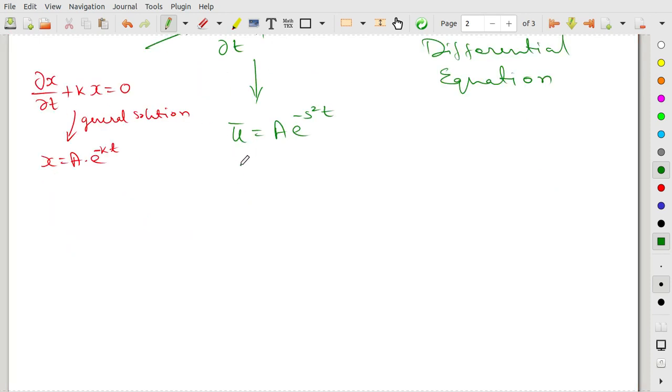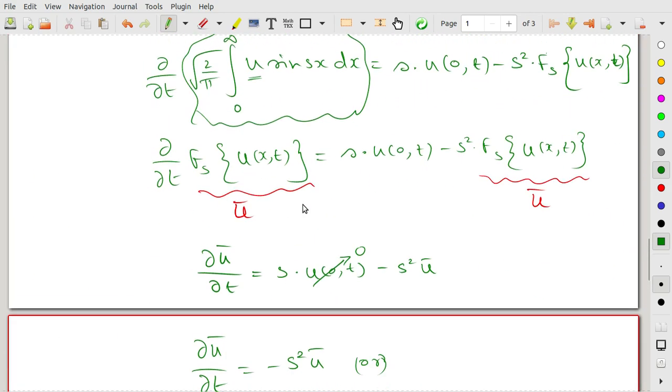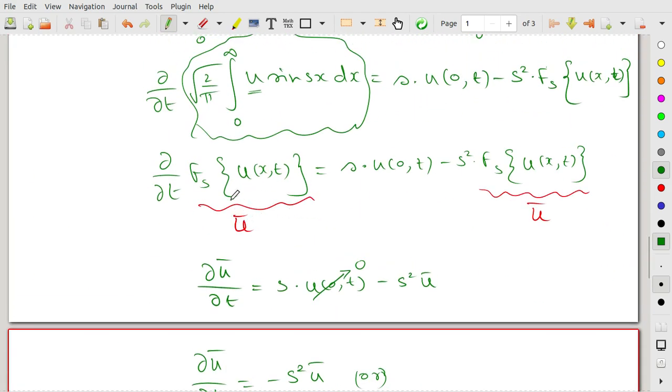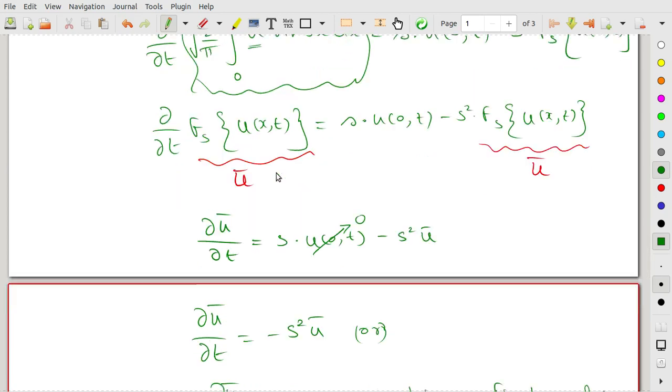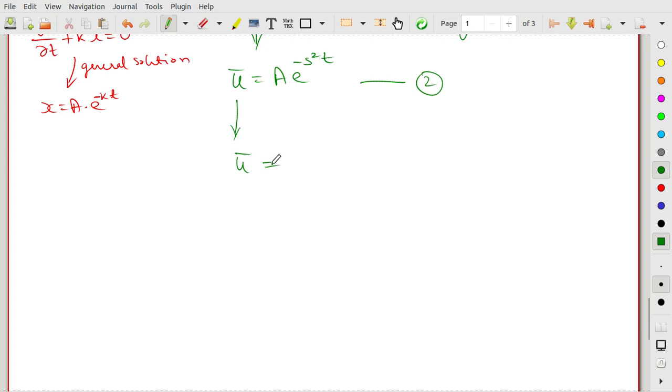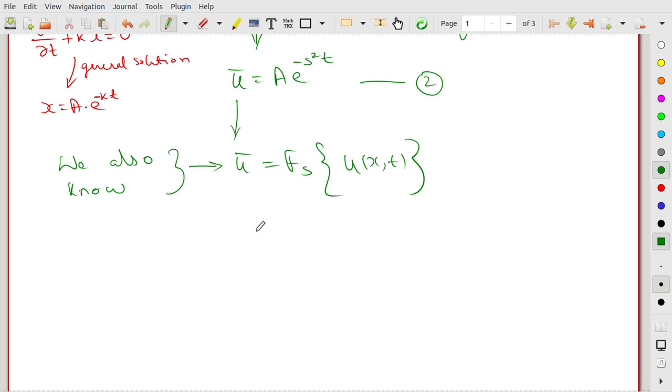So what's our u bar? We defined u bar, let it be equation 2. Our u bar is nothing but the Fourier sine transform of u of x comma t. And what is the Fourier sine transform?